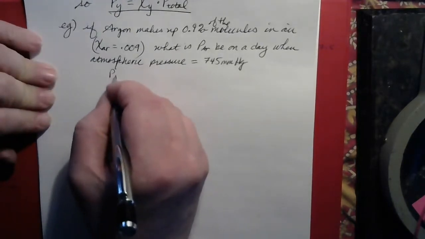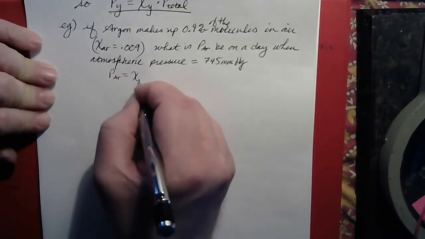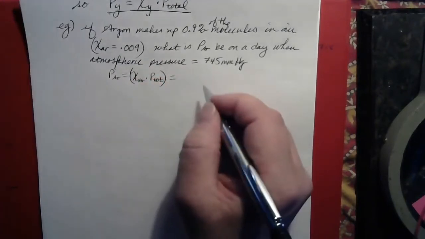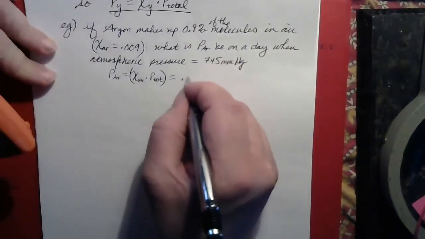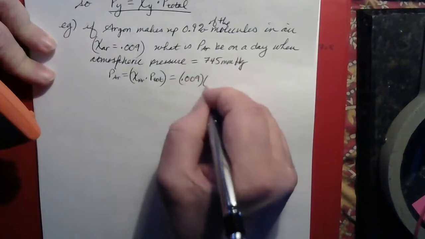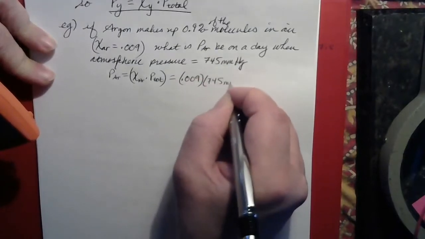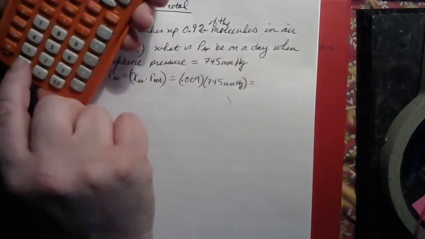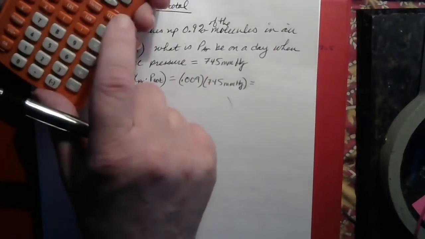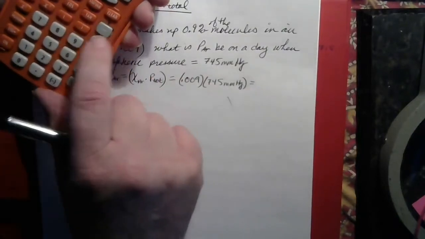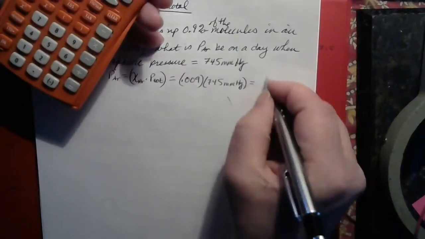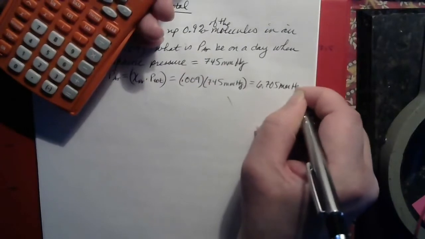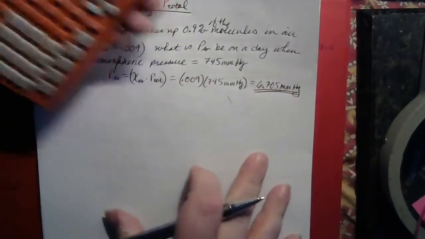Well, pressure of argon is just going to be chi of argon times total pressure. For air, the atmospheric pressure is the total pressure. So what we've got here is 0.009 times 745 millimeters of mercury, and that's 0.009 times 745, which gives us 6.705 millimeters of mercury.